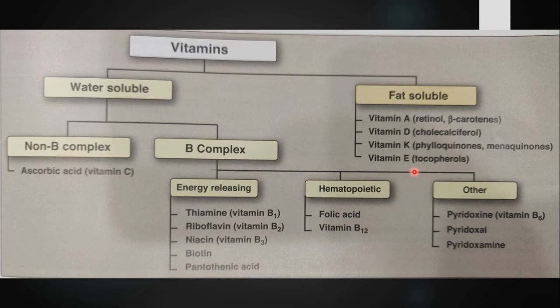So definitely we'll be talking about individual vitamins and then looking at how they take part in different biochemical reactions. I want to give you one tip here: whenever you study any vitamin, either fat soluble or water soluble, after the definition, we have to go through the sources of these vitamins.